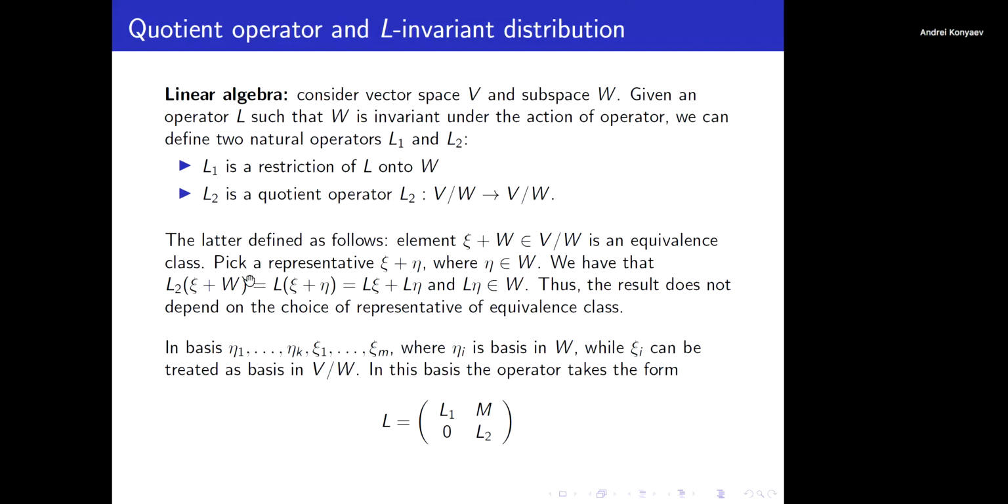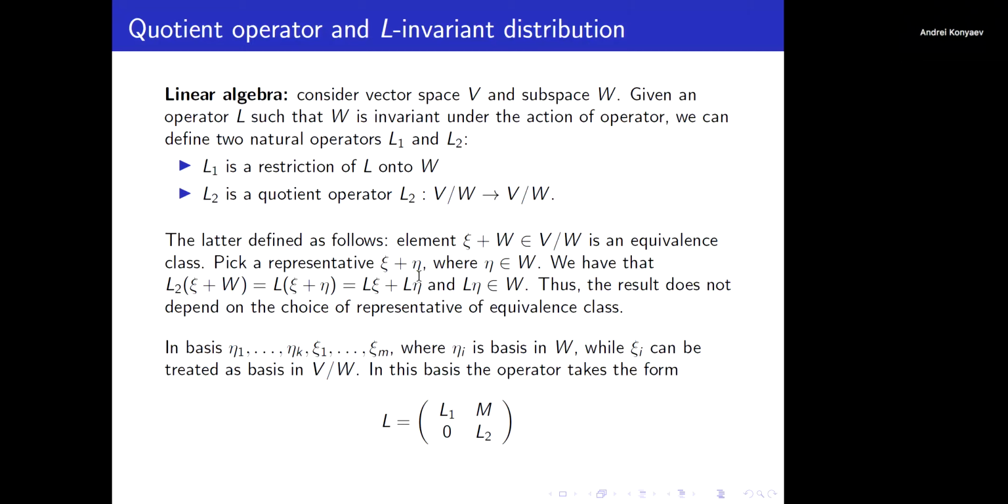You apply it to this psi, and it is the same as applying L, and because this eta is from W, L eta is also from W. So we see that the result of this operation does not depend upon the choice of the eta. So it is defined on the equivalence classes. So it is in fact an operator which acts on a quotient space, right?